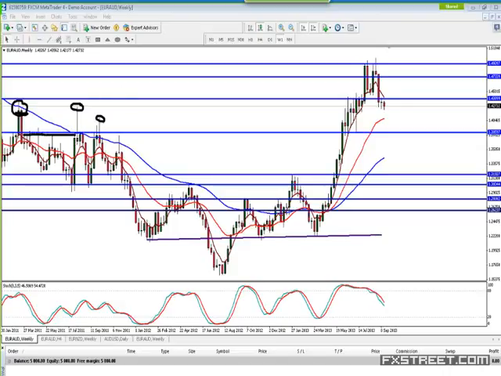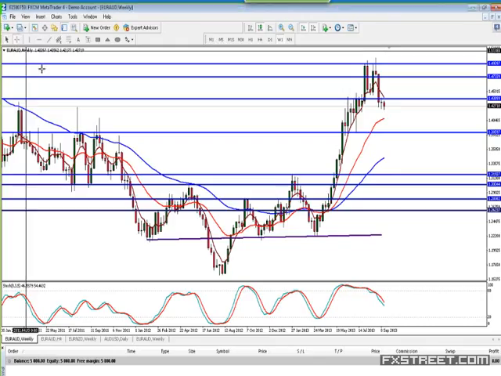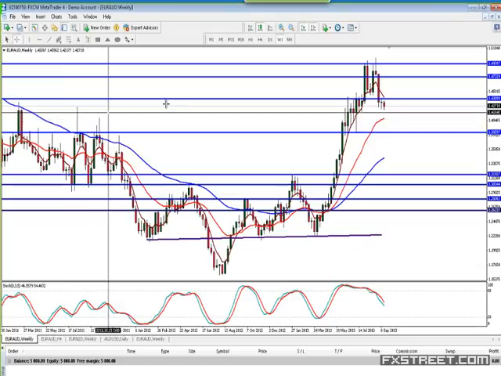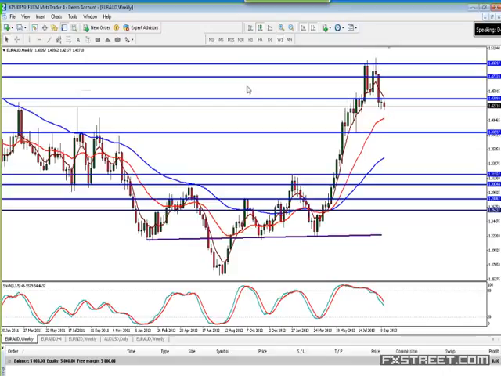But the next area of resistance is down here a little bit. So in my opinion, it's still got about 200 pips of downside to drop. Okay, the weekly stochastic is down, so I could see something like this materializing. Something like that.